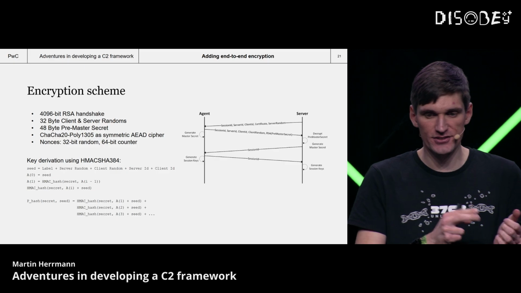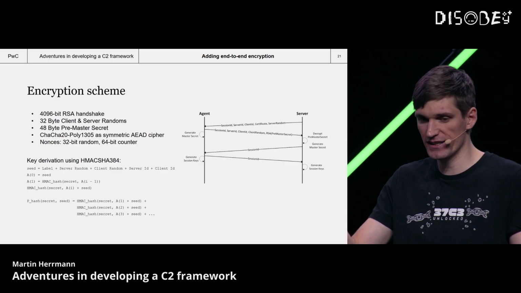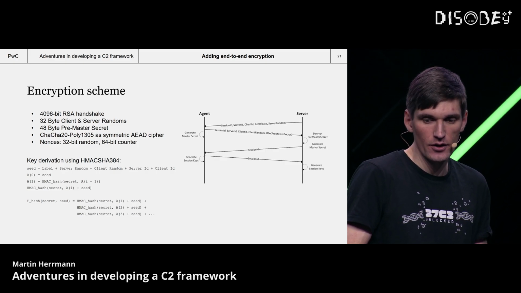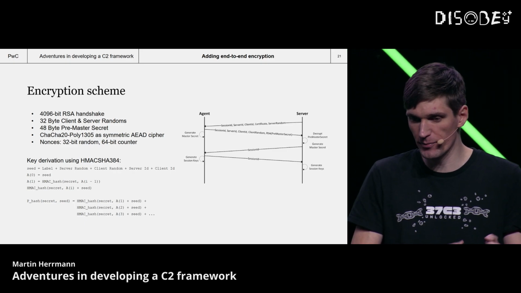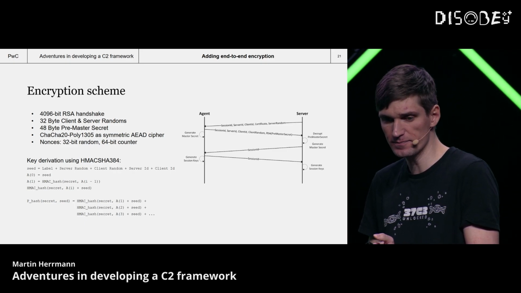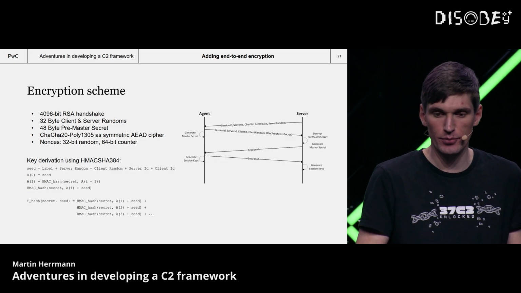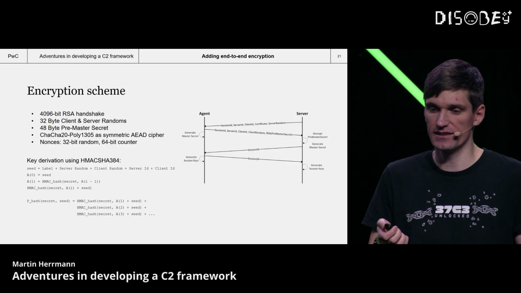We have client and server randoms to protect the handshake against relaying on either side. They are just randomly generated each time. We have a 48-byte pre-master secret, which is randomly generated by the agent and sent encrypted with the RSA key to the server. And then once the handshake is done, we are using the ChaCha20-Poly1305 algorithm for our symmetric cipher.